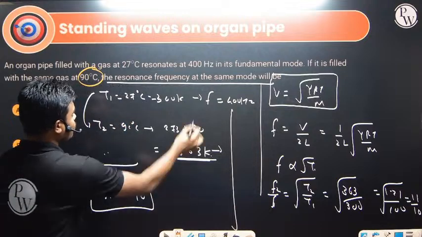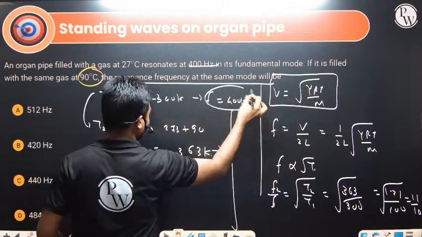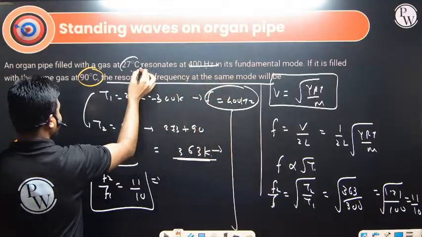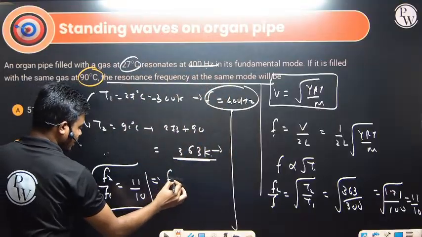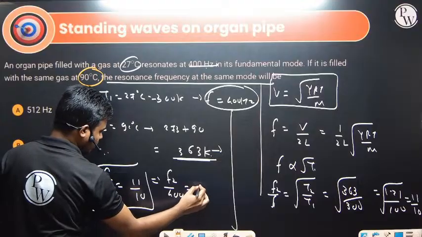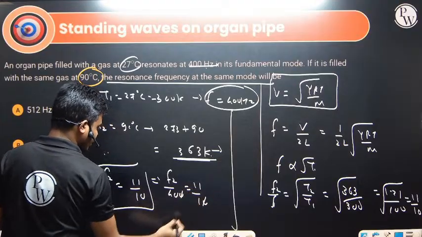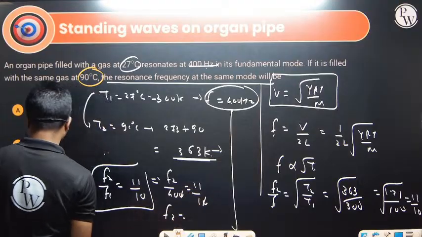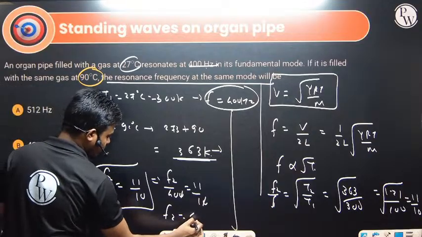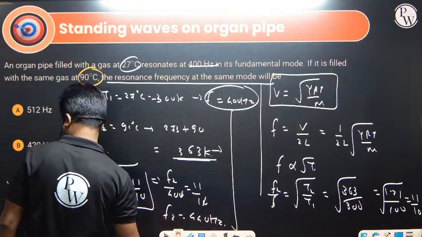When it is 27 degrees Celsius, the frequency is 400. So F2 by 400 is equal to 11 by 10. So we are getting this. What is the F2 value? 440 hertz. Okay, 440 hertz. So this will be the F2 value.